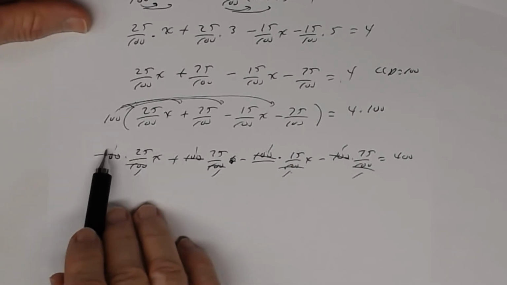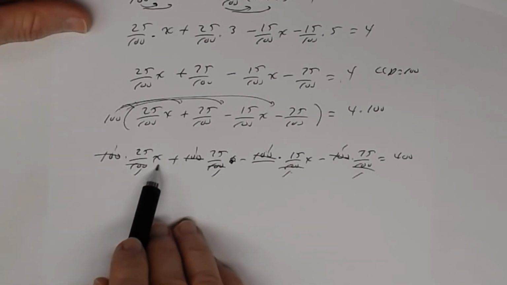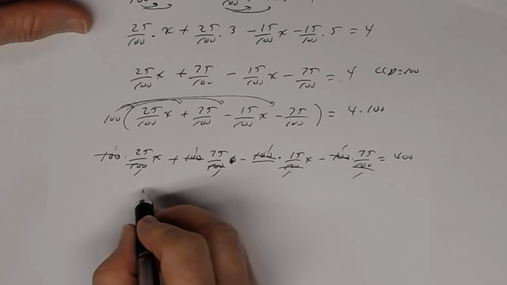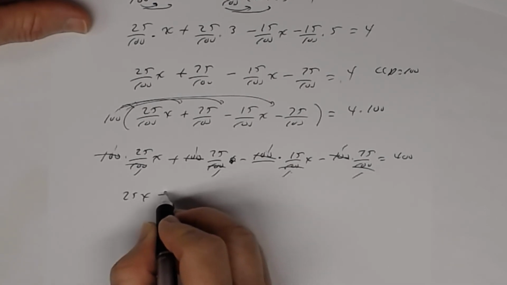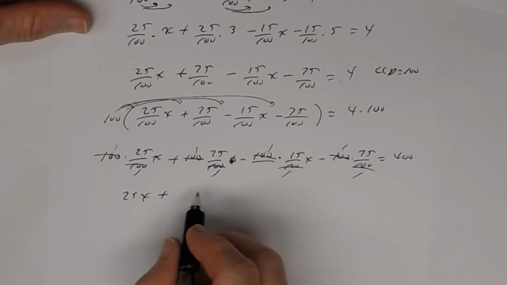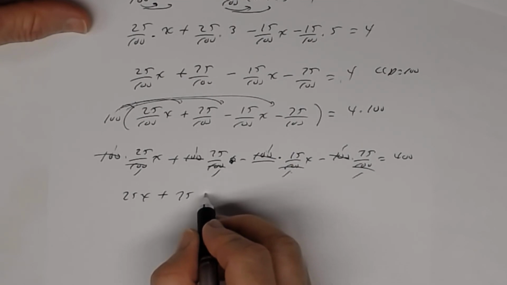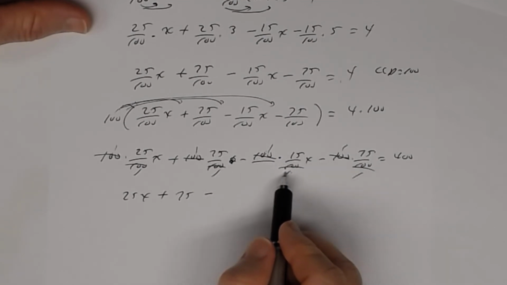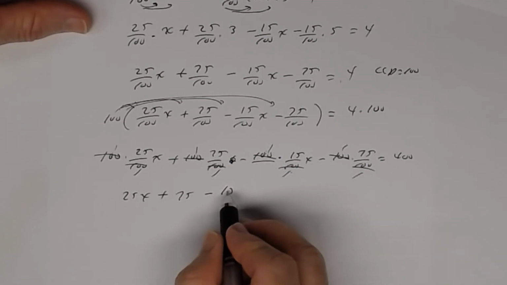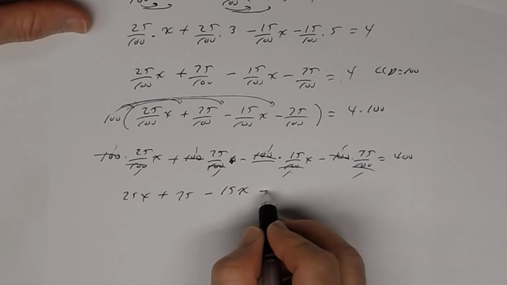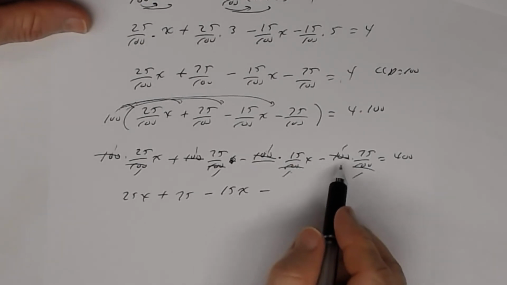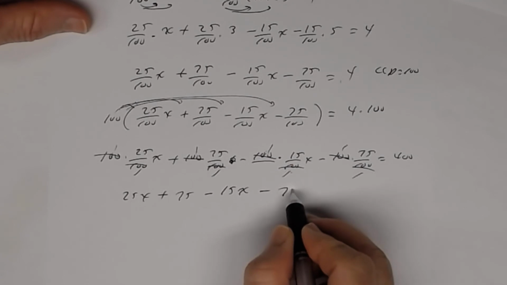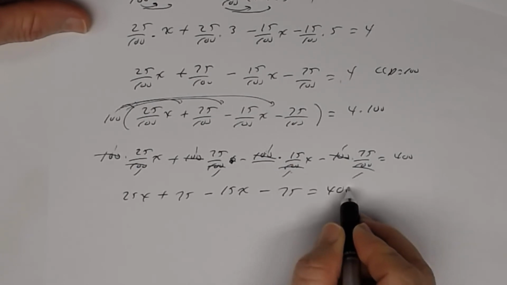You have 1 times 25x is 25x, plus 1 times 75 is 75, minus 1 times 15x is 15x, minus, see that subtraction? So subtract, and then 1 times 75 is 75, equal 400.